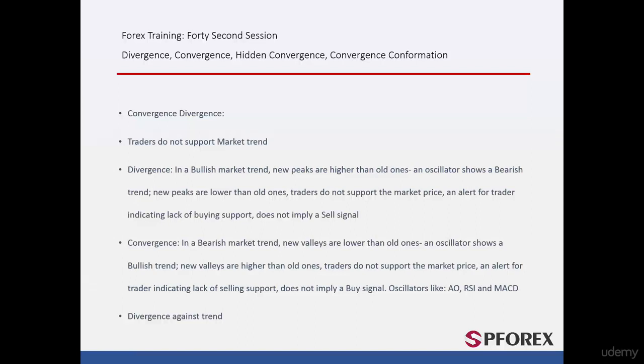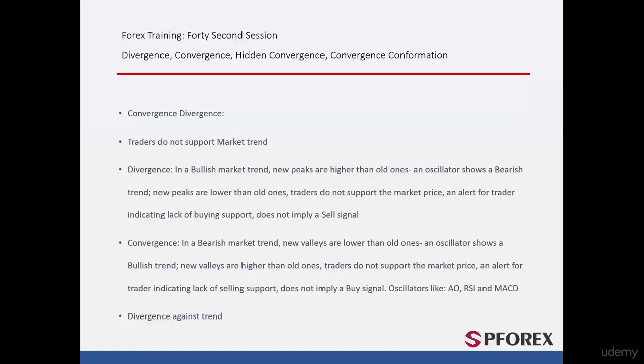This shows that traders do not support further fall, yet market price is decreasing. Convergence does not indicate any buy order, but it discourages traders from placing sell orders. It is recommended that traders close their sell orders. Divergence is formed on peaks, while convergence is formed on valleys.